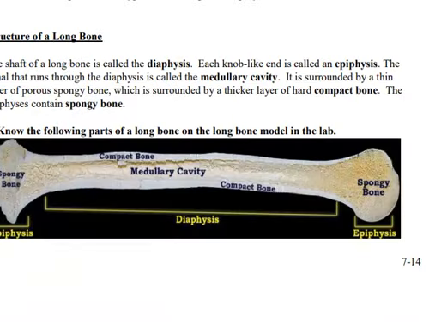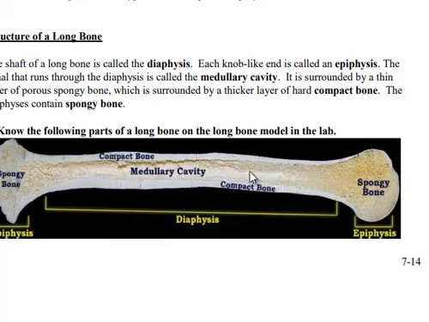It's important to know the different areas of a long bone, what makes up a long bone, especially when you're looking at the epiphyseal plates. So you're going to have a kind of a cavity in there where you're going to have your bone marrow. So they call that your medullary or marrow cavity.